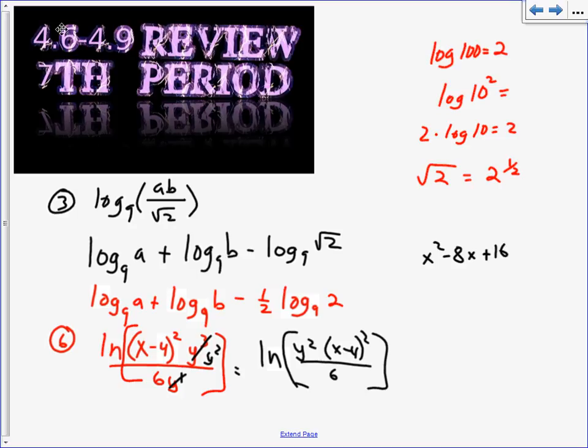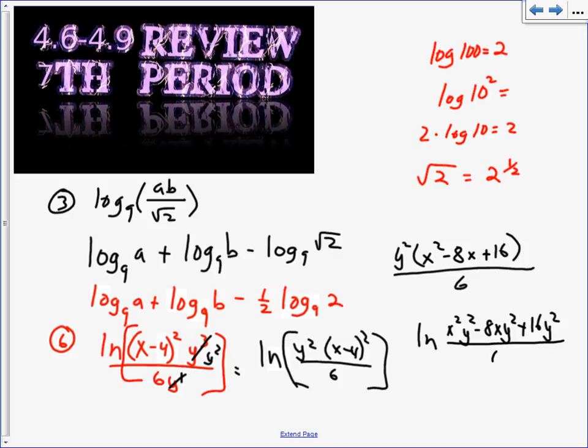Then I have a y squared to distribute. So I might want to distribute that, and then all of it's over 6. So quite honestly, the final answer would probably be the natural log of x squared y squared minus 8x y squared plus 16 y squared, because you have to distribute that, all of that over 6.